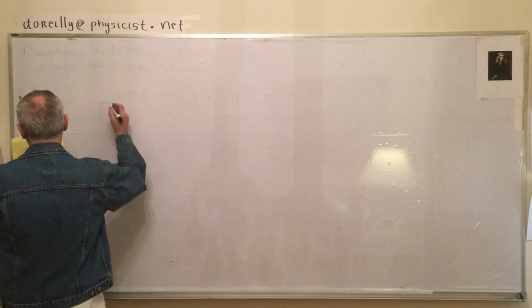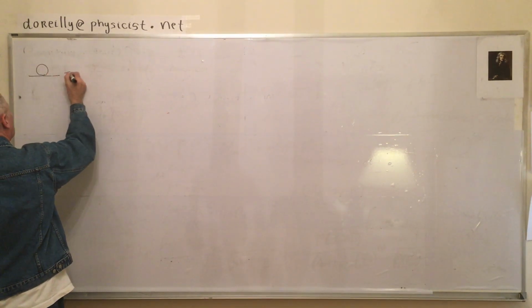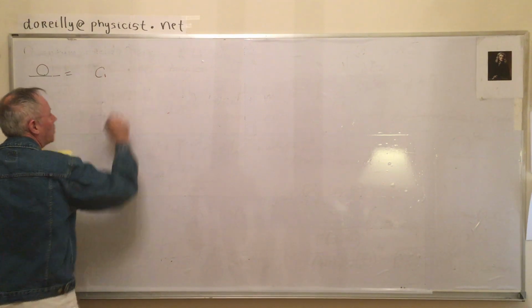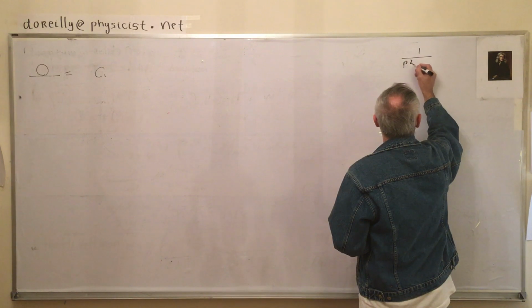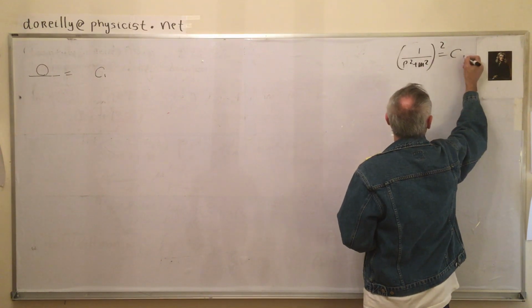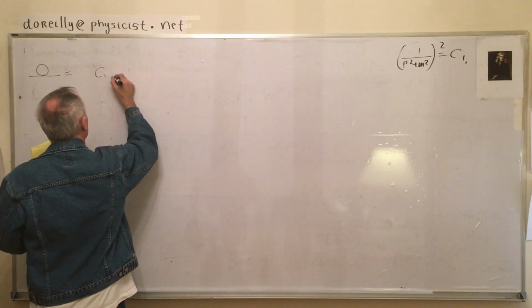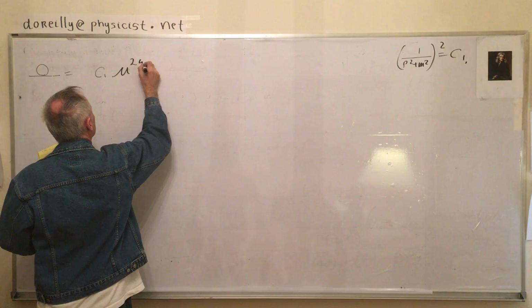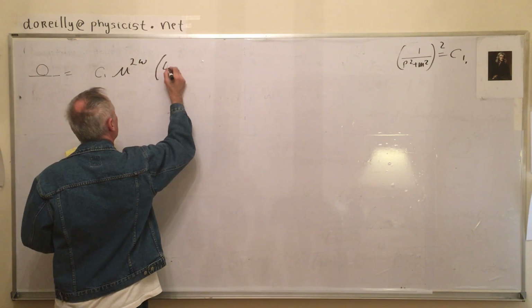So we're going to say that our diagram, this one, we just say it's C1. C1 is 1 over p squared plus m squared, squared. Now using the dimensional regularization formula, I'll plug in all the results.